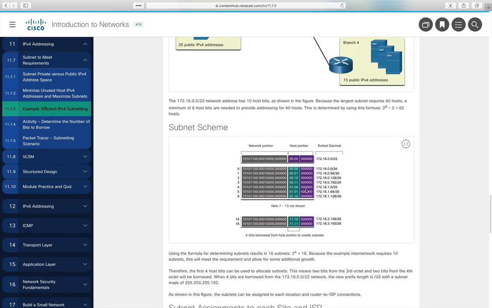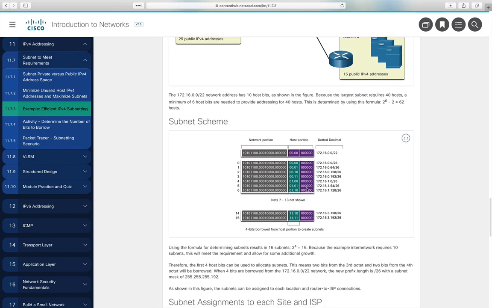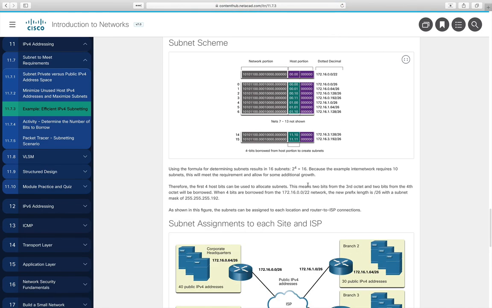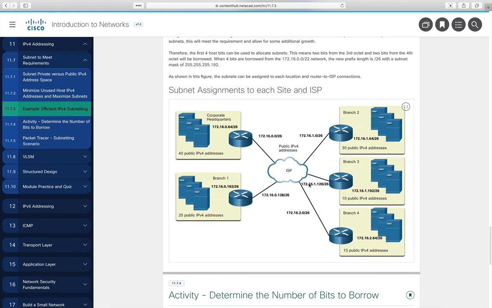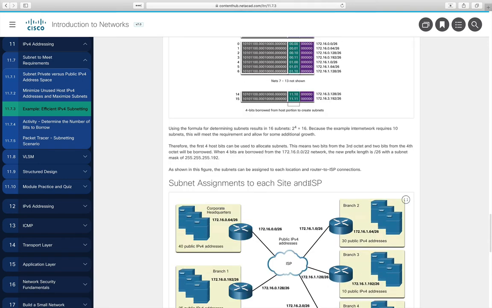But what they've done is they've actually gone through and borrowed 4 bits. So they've changed it from slash 22 to slash 26. Like I said, they've made a mistake here.